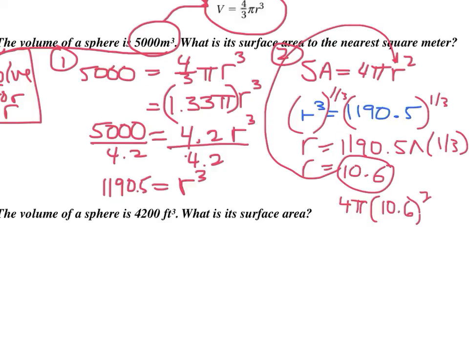So typing that into the calculator, 4 pi 10.6 squared, I get 1,411, and it will actually round to 1,412.0, and that's in square meters. So that's my surface area.